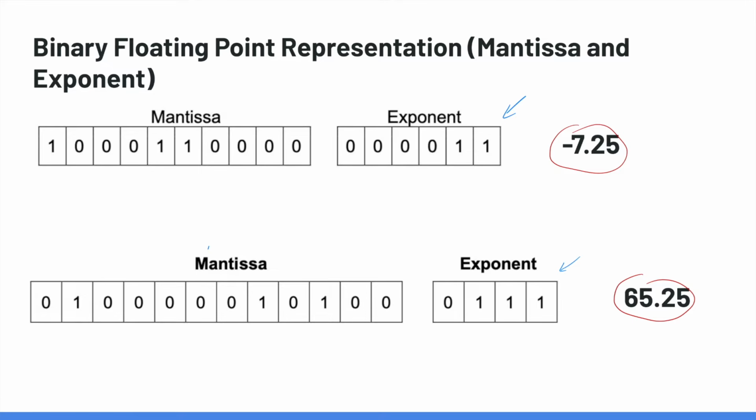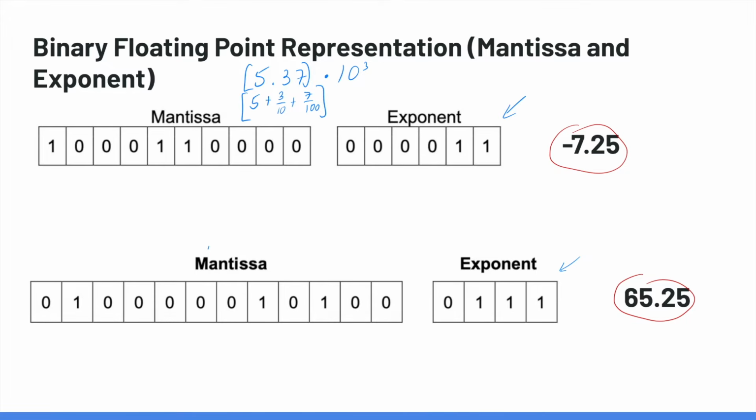If you think about scientific notation, it looks something like this. We have 5.37 times 10 cubed as an example. Here we've got a number, and this number is 5 plus 3 over 10 plus 7 over 100.